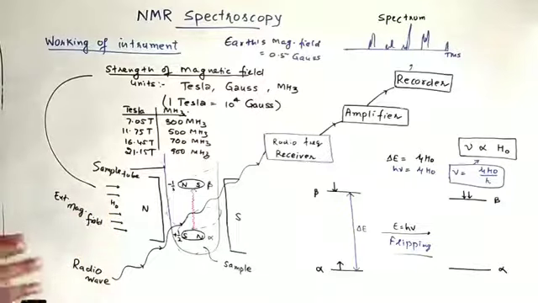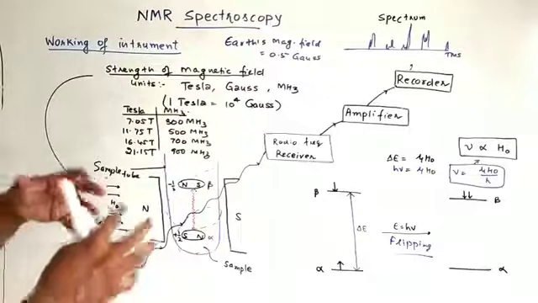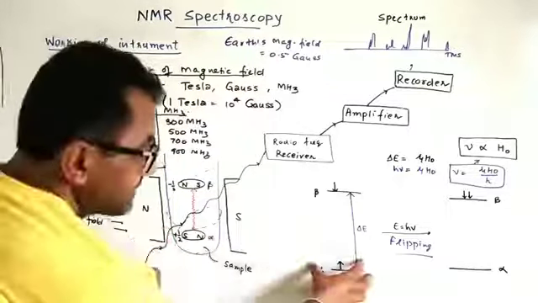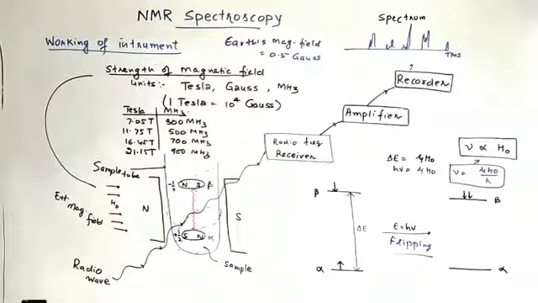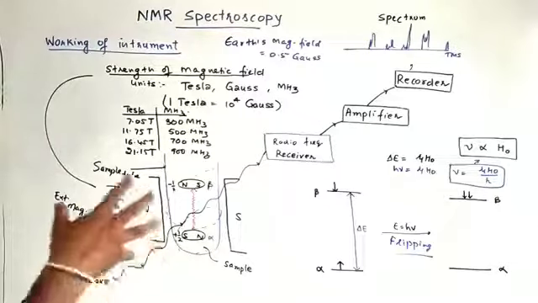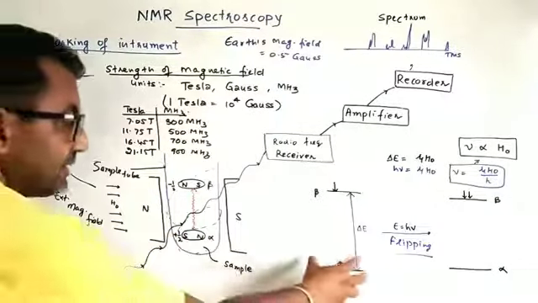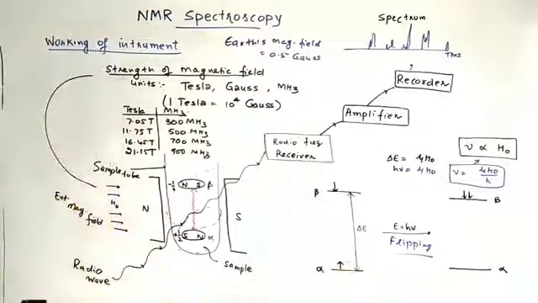The greater the strength of the external magnetic field, the more frequency is required to flip the proton from alpha to beta, because the high field strongly holds the proton in the alpha state, the more stable state. Then we require more energy to make it flip. That's why the frequency used will be more.